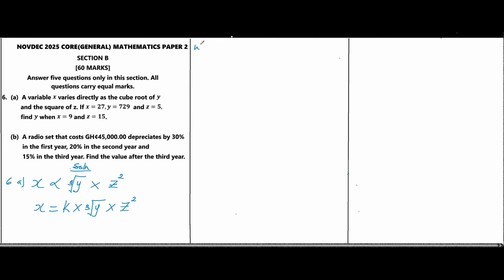Now we know that when x is 27, y is 729, and z is 5. So let's do substitution.